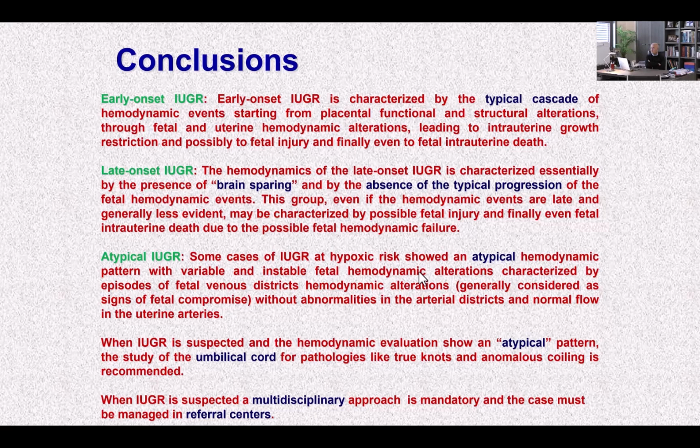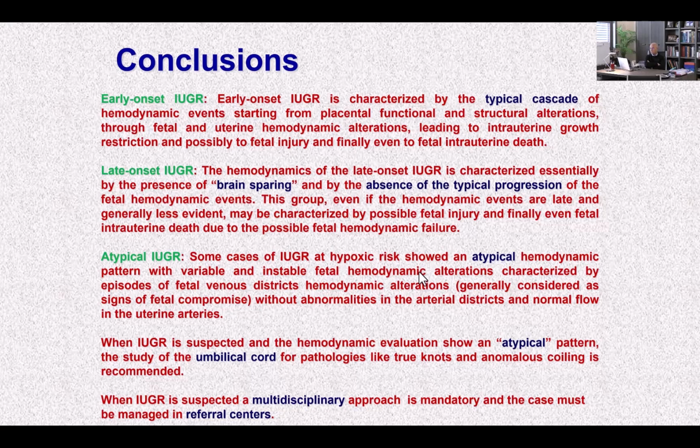The early onset is characterized by the typical cascade of hemodynamic events, starting from placental functional and structural alterations through the fetal and uterine hemodynamic alteration, leading to intrauterine growth restriction and possibly to fetal injuries, and finally, even to the fetal intrauterine death.